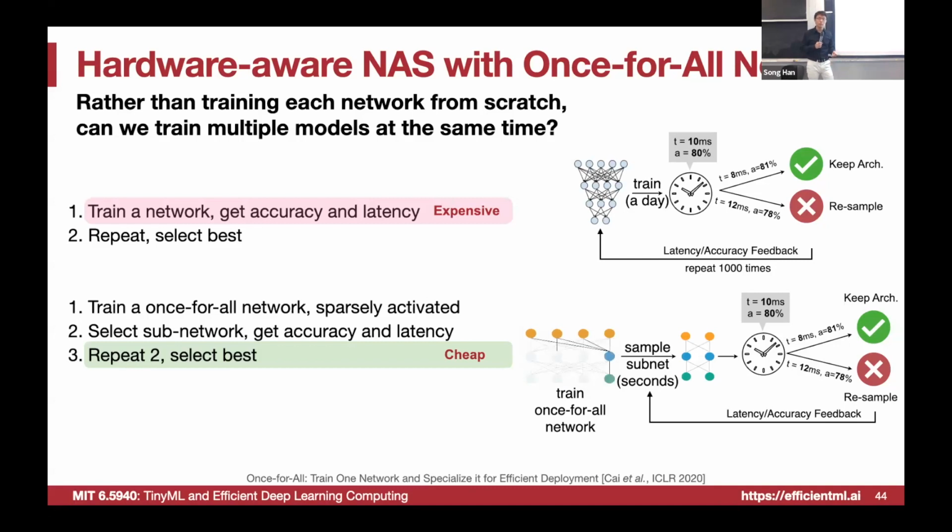The second time, we don't have to train it, but we directly use the weight from this once-for-all network. So you pay a one-time overhead to do all the work in the beginning to train this once-for-all network, and in the future, you just need to sample a subnetwork.